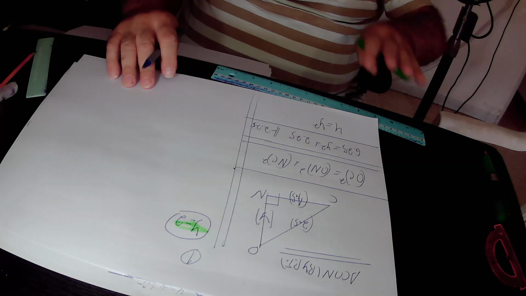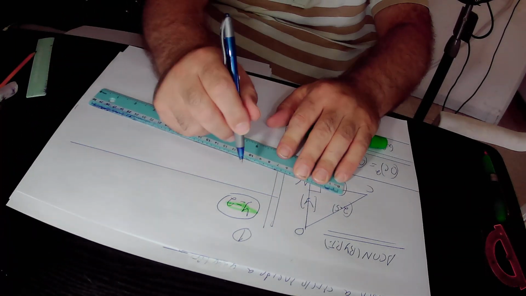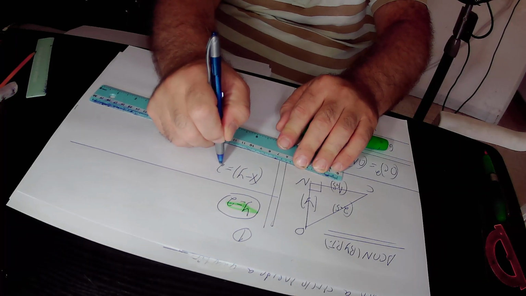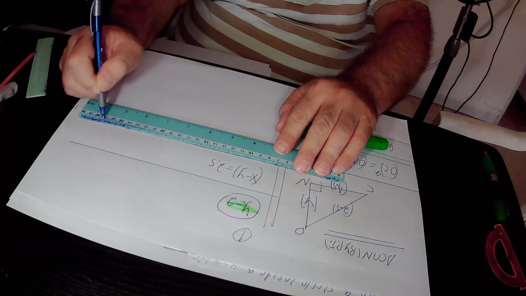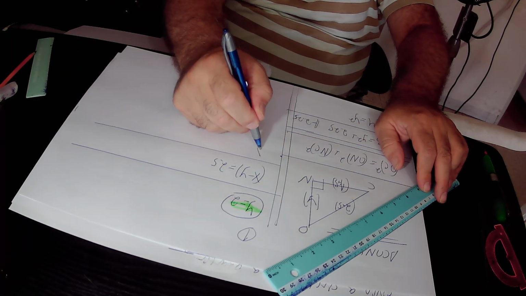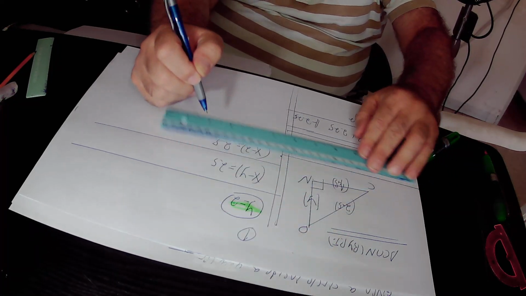We already found that x minus y equals 2.5, but y is 2, so x minus 2 equals 2.5.